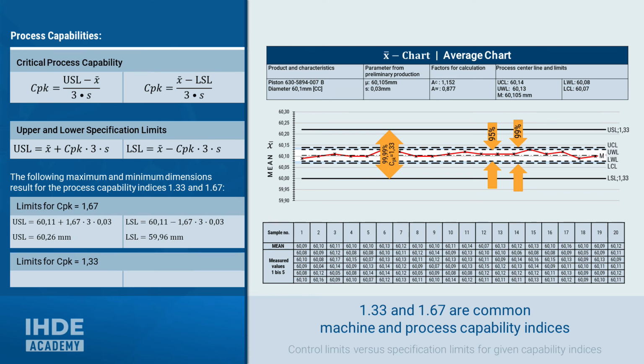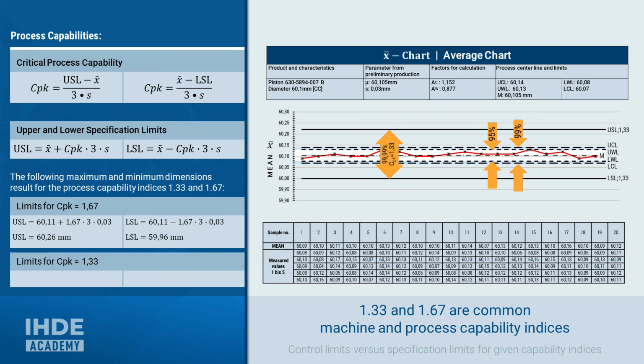If we now use the known values for the mean value, the standard deviation and the capability index 1.67, we get a value of 60.26 mm for the upper specification limit and a value of 59.96 mm for the lower one.